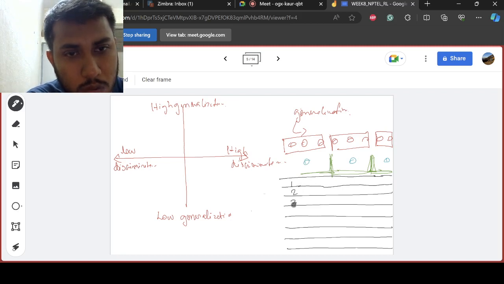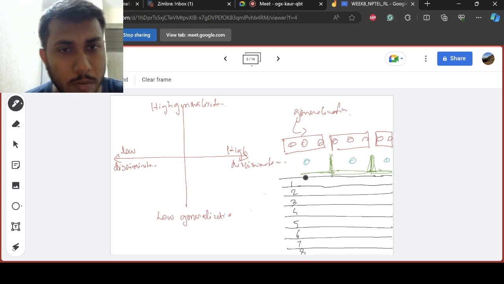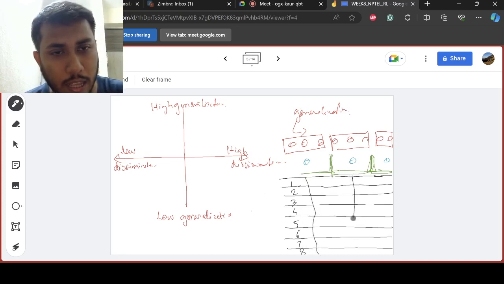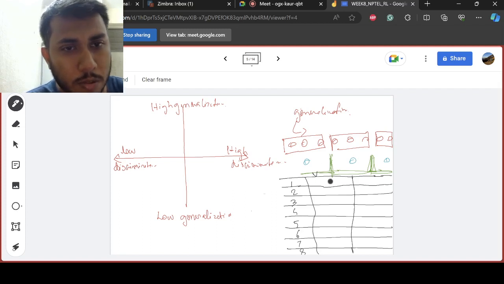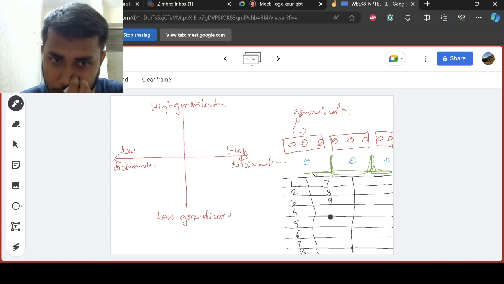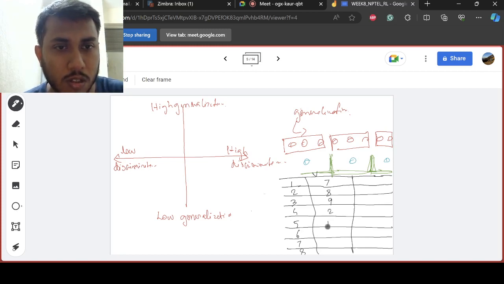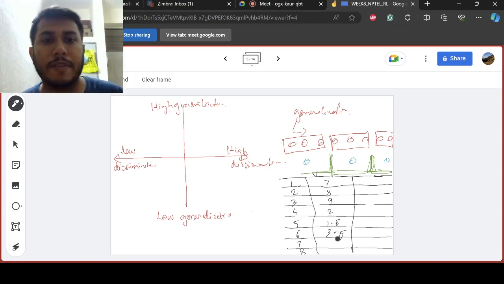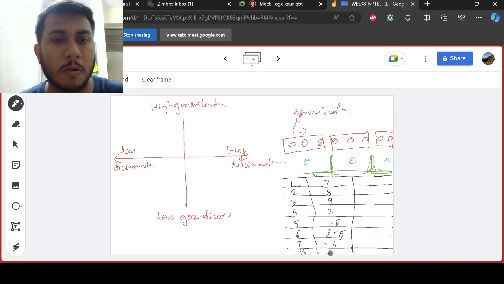One, two, three, four, five, six, seven, eight. Suppose these are your 8 states and these are the value functions. So suppose 1, 2, 3 have values of 7, 8, 9. 4, 5, 6 have values of 2, 1.5 and 3.5, let's say. And 7 and 8 have values of -4 and -8.